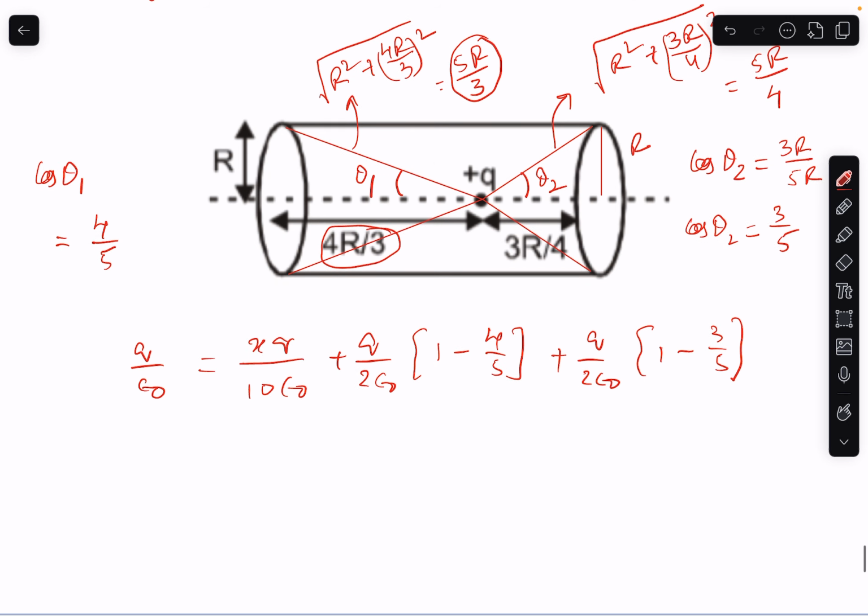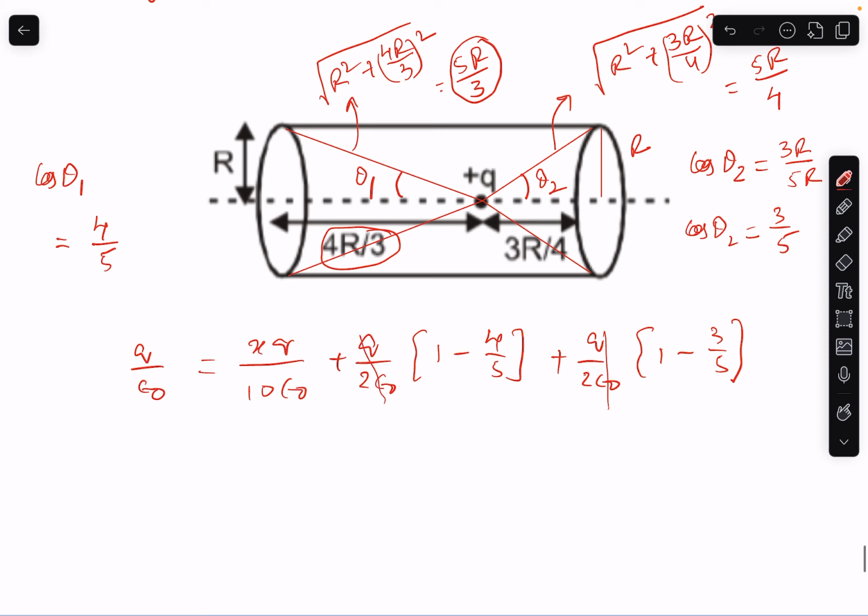So we can solve it. Q/ε₀ will get cancelled, so we get 1 = x/10 + 1/2(1 − 4/5), which is 1/5, plus 1/2(1 − 3/5), which is 2/5.